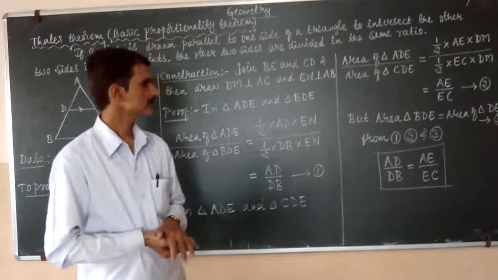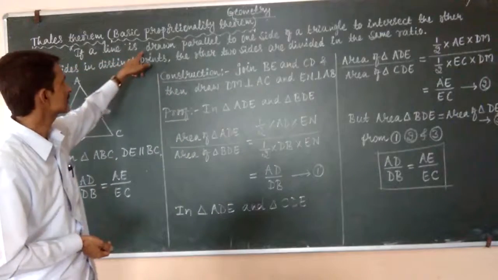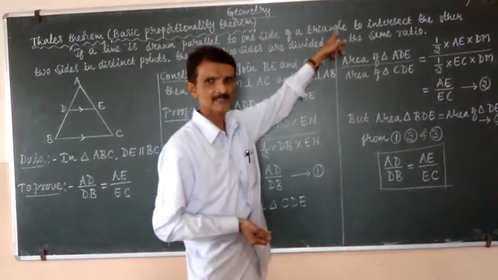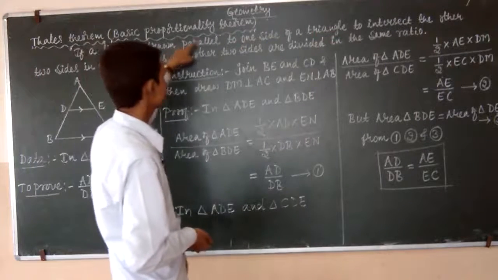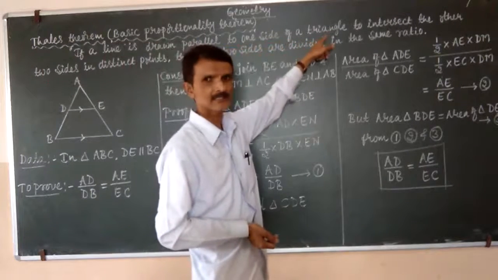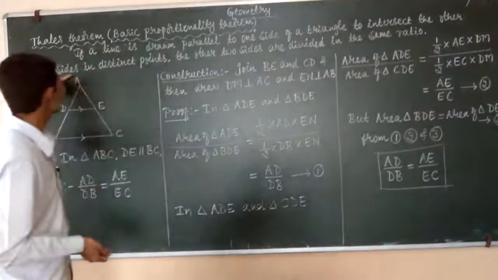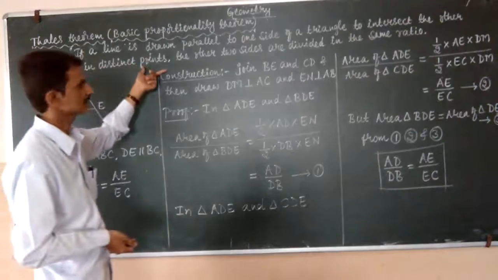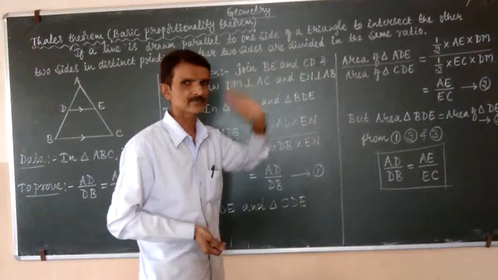The statement says: if a line is drawn parallel to one side of a triangle to intersect the other two sides in distinct points, the other two sides are divided in the same ratio.